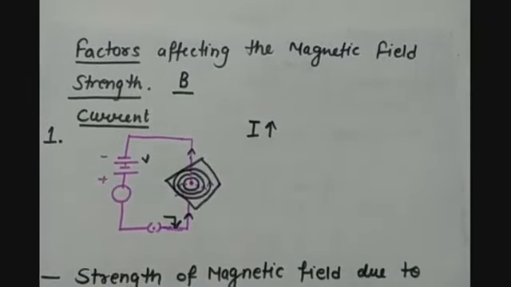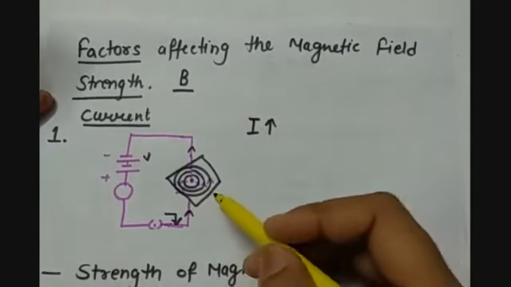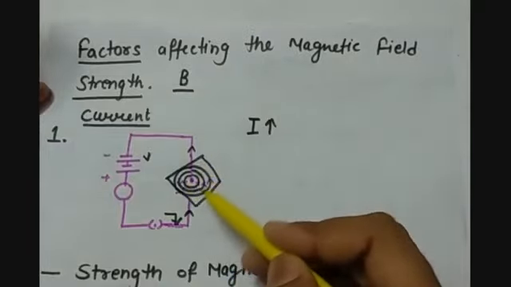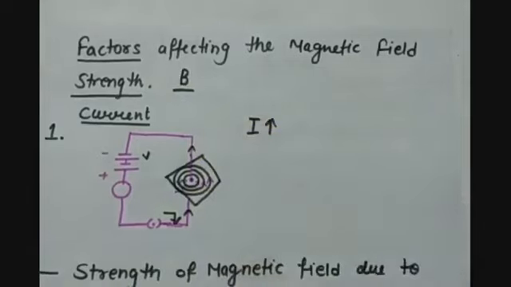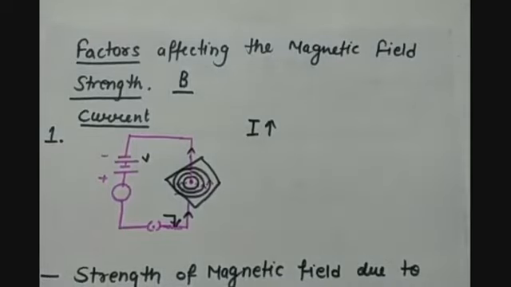And how are we going to get it? When we perform the experiment with cardboard spread with iron filings, and in between we pass a conductor through it and pass electricity through it, the concentric circles formed will be more in number. That tells us the magnetic field strength has increased.